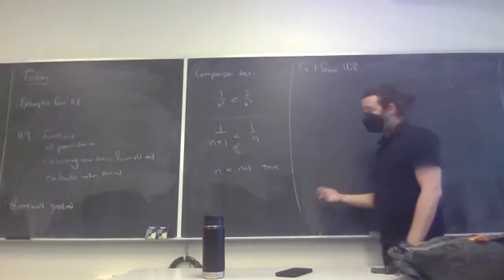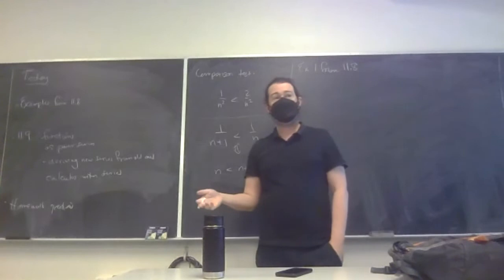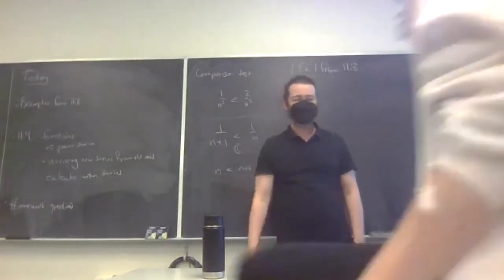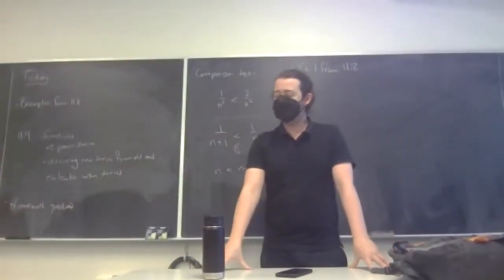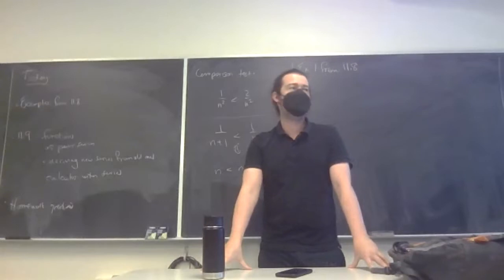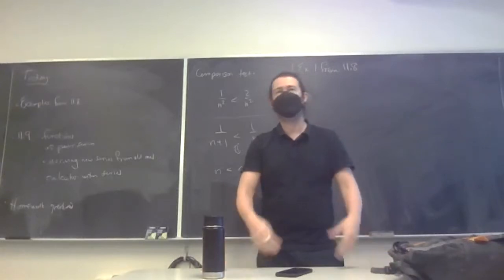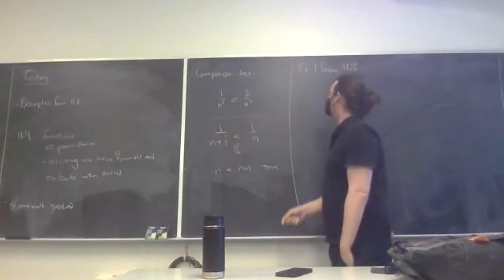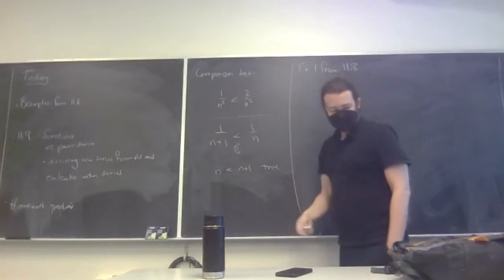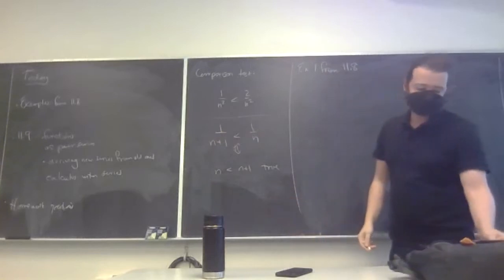I noticed that the way that WebAssign often asks these things is there are two boxes that say convergent or divergent, and you can just poke around and guess what the radius of convergence is. So I want to have a couple more worked examples here.